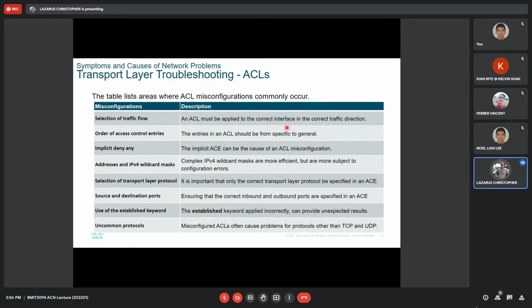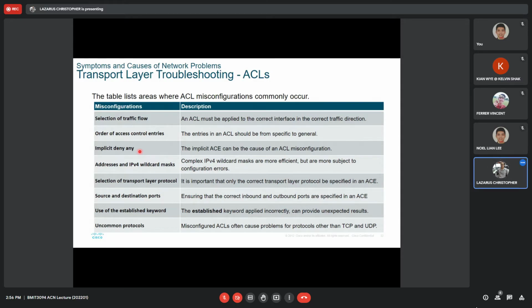So from specific to general, this is the order of your ACL entries. You know there's an implicit deny any. Sometimes we forget, it's hidden at the end, but we know there is a deny any at the end. That can cause problems as well.